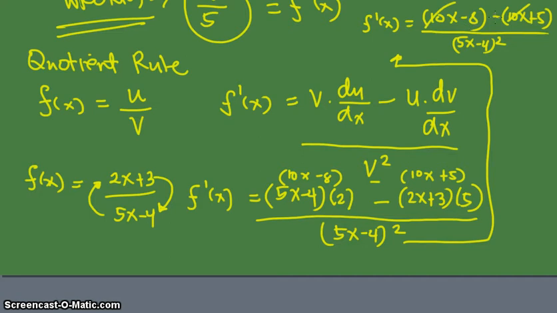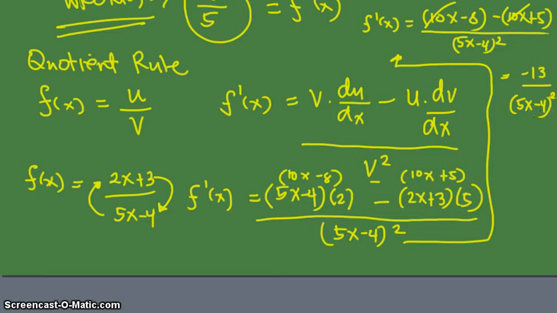Negative 8 minus 15 will be negative 23... so that gives negative 13 divided by 5x minus 4 squared. By the way, you don't have to expand 5x minus 4 squared. You can leave the derivative in this form. So the derivative of 2x plus 3 over 5x minus 4 is negative 13 over 5x minus 4 squared. Okay? So that's how you use the quotient rule.